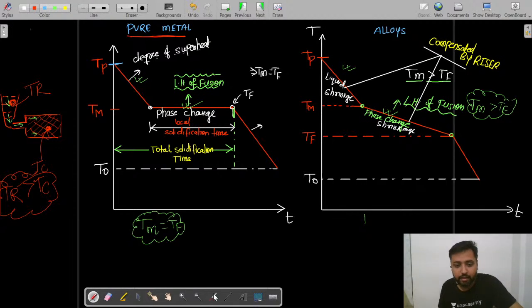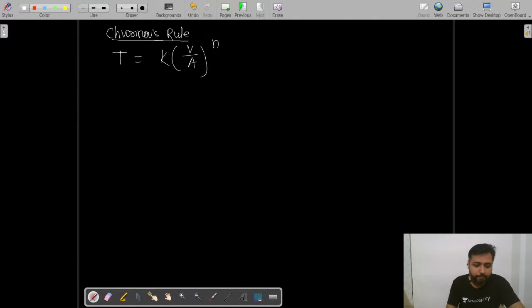Yes, and for solidification time, I know you know it already, a person named Chvorinov suggested a formula: T is equal to K into (V by A) whole to the power n.